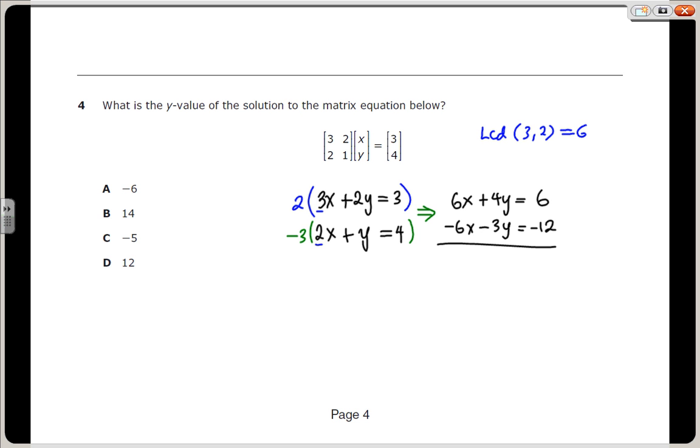Alright, so I'll add down. You notice I've created opposites here, which is our intention because opposites cancel out to 0, and then here you're going to have y equals -6. And there goes your final answer, which is A. Okay? Alright, moving along.